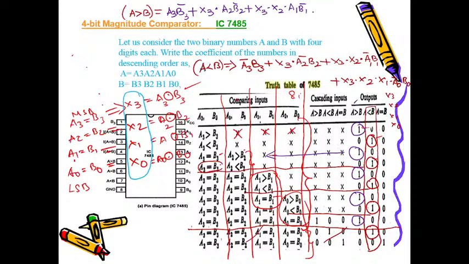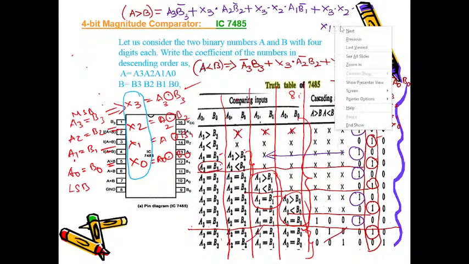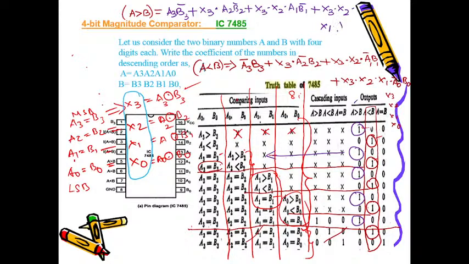Or when the third bit is equal and the second bit is also equal and the first bit is also equal, and when the condition A naught is greater than B naught prevails, the output is produced.